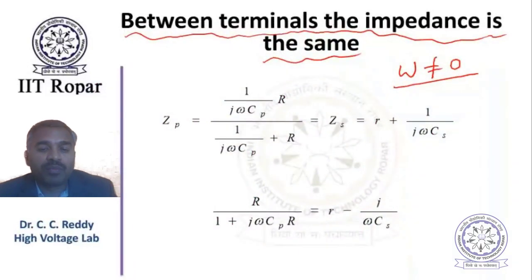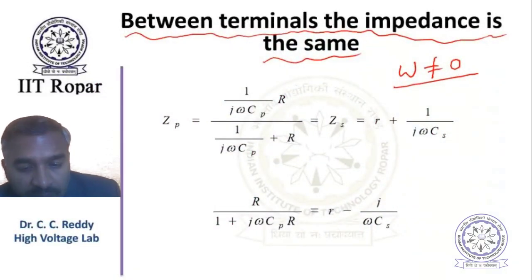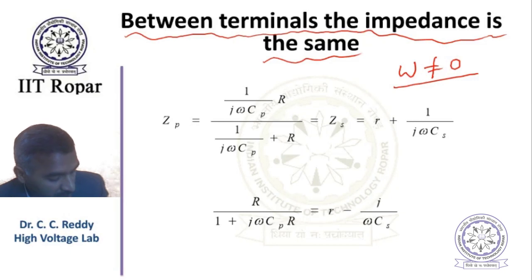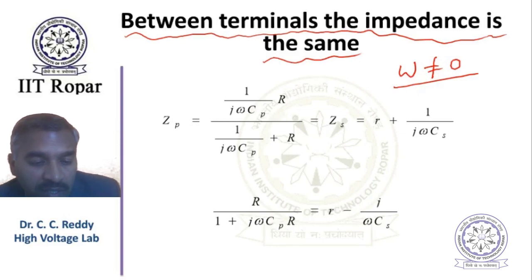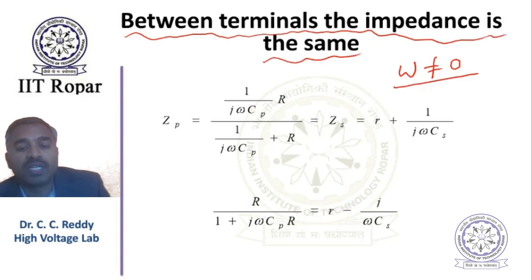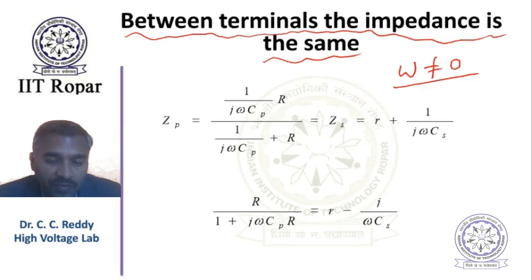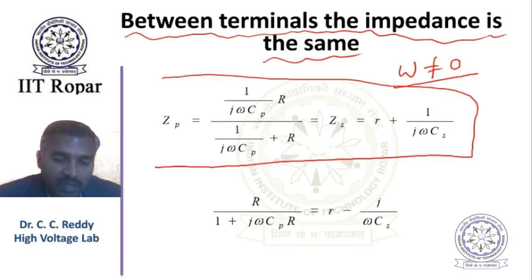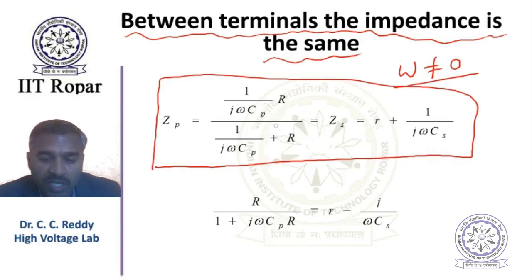Now, between the terminals, the impedance is the same, because whether it is series representation or parallel representation, the impedance must be the same, right? So, for the equivalence of those two circuits at a particular frequency omega, which is not 0, we can write like this. The impedance of the parallel circuit Zp is equal to Zs, the impedance of the series circuit.